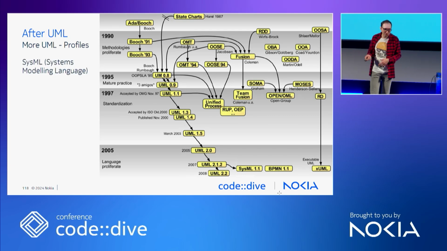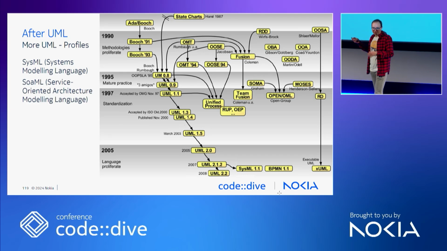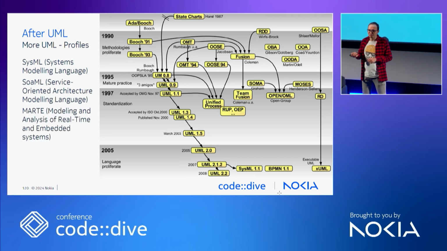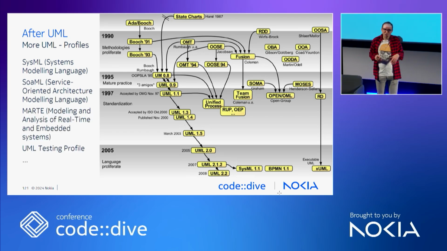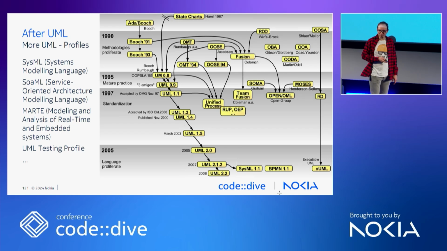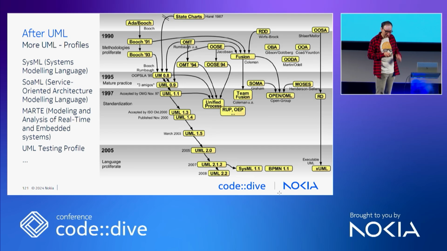So languages like SysML and SoaML and MARTE and the UML Testing Profile were all, in essence, also UML. Yeah, with one exception, BPMN was not UML, but well, BPMN is a business process description language.